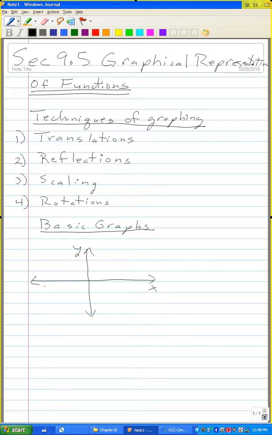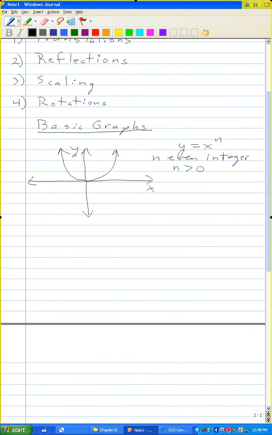So suppose I have some coordinate system and I want to graph y equaling x to the n for n an even integer greater than 0. In this case, the graph will look something like this. Let's do another graph.